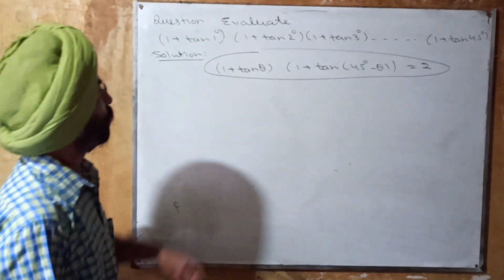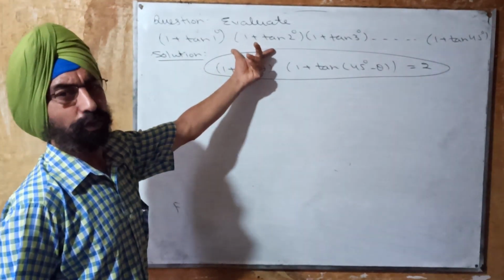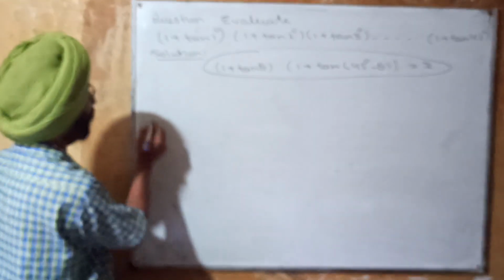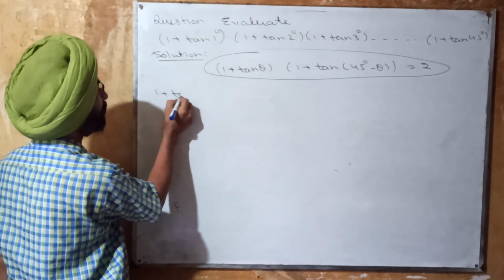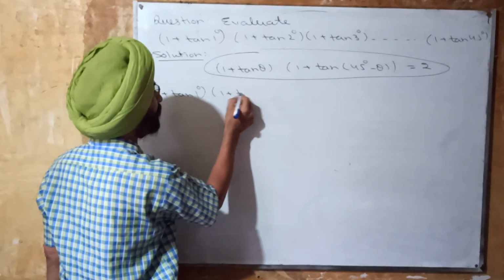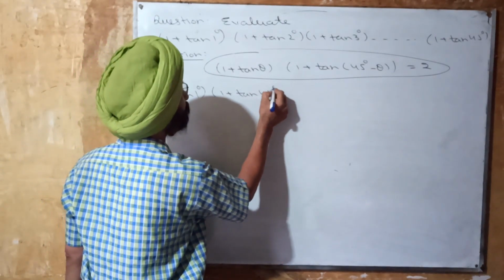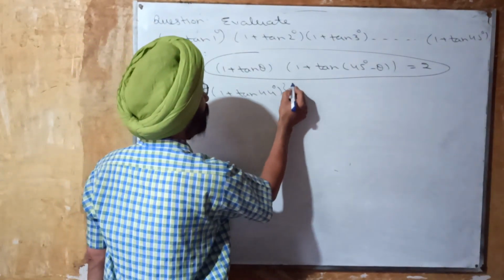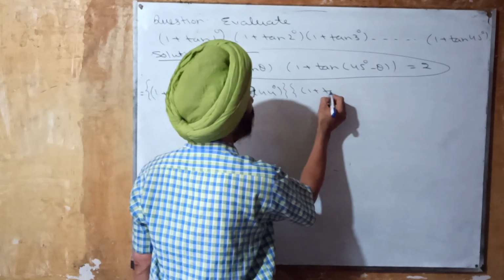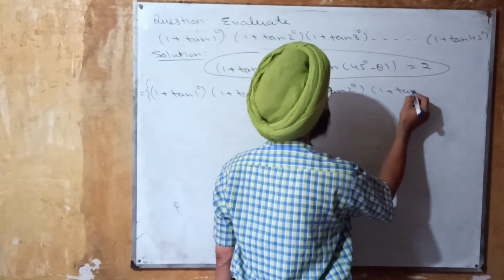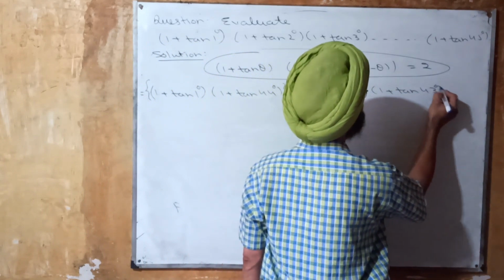Now I am going to take pairs from this given term. This 1 plus tan 1, I am going to pair it with 1 plus tan 44 degree. This is the first pair. Then 1 plus tan 2 degree, I am going to pair it with 1 plus tan 43 degree.